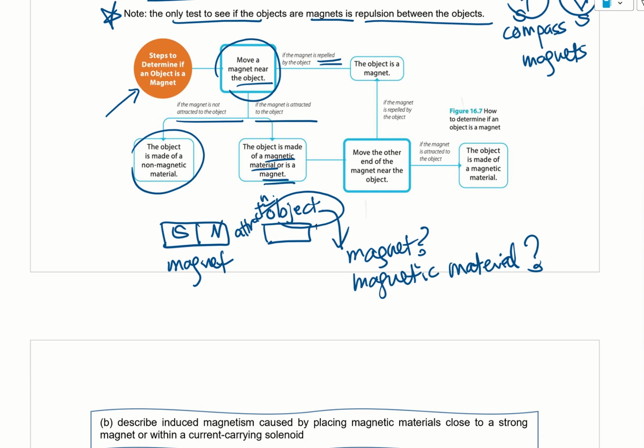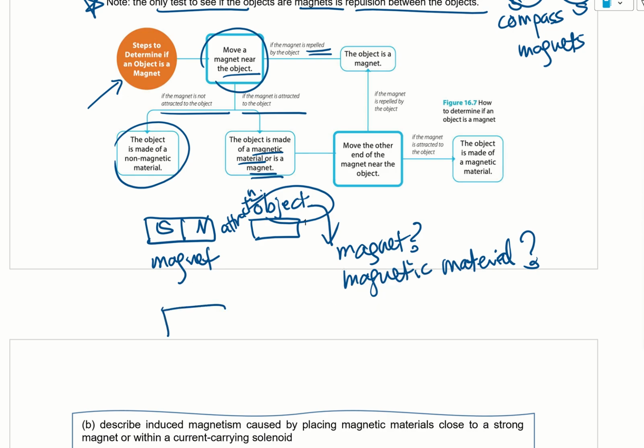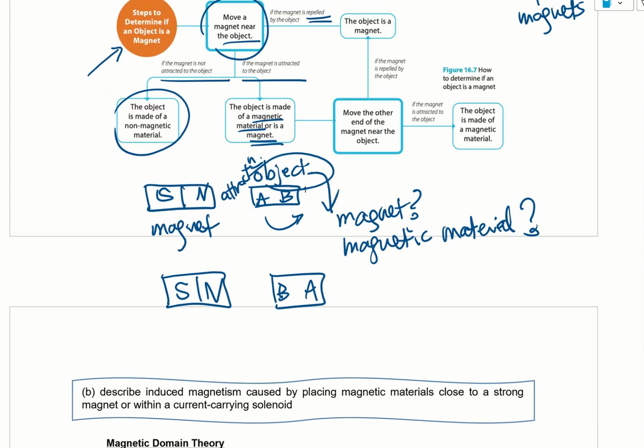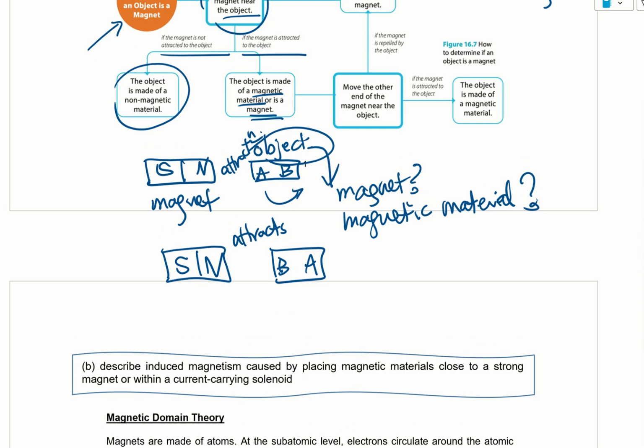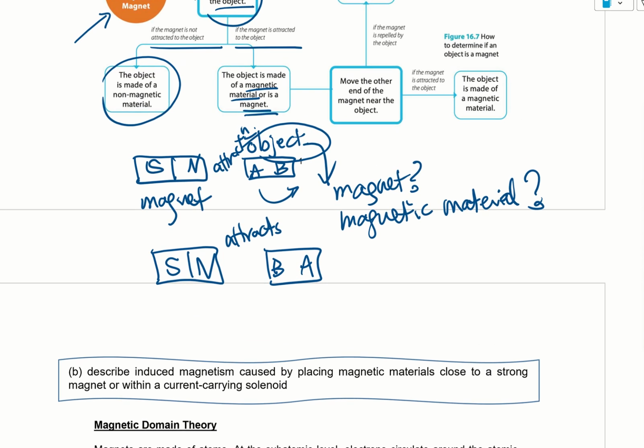So what do we need to do? We need to turn the object around. For example, here is A and here is B, and now B is facing the North Pole. If it still attracts, that means both side A and side B are attracted by the North Pole, so the object is a magnetic material.